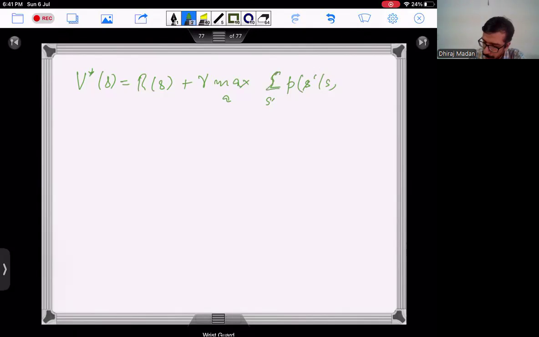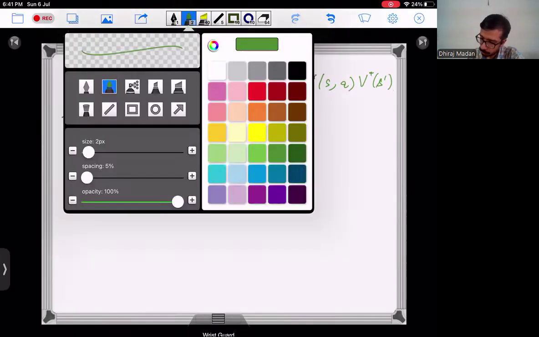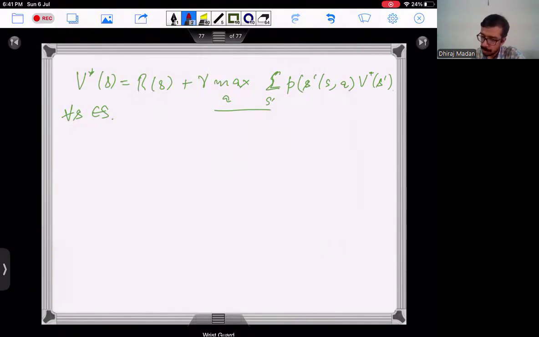So we have max over A, sum over S prime, P of S prime given S and A, V star of S prime. Again, this is satisfied for all S. Note that now these equations are non-linear, so we cannot use Gaussian elimination. We are forced to use an iterative algorithm to compute these optimal value functions. And that is what we saw in the last lecture.